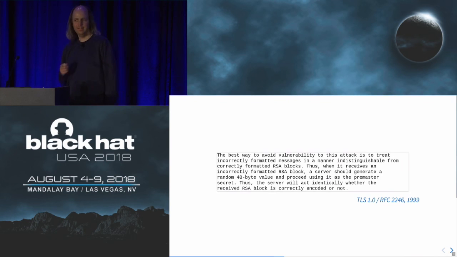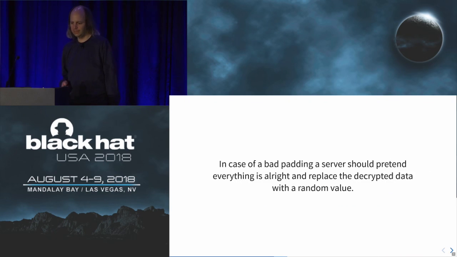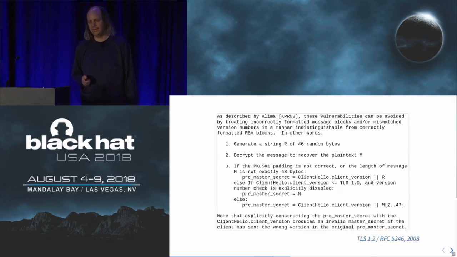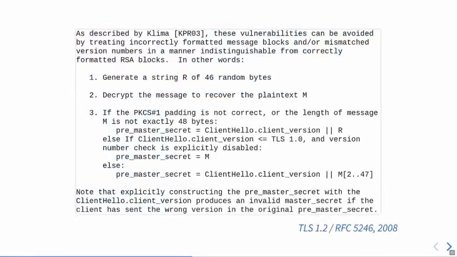Now, the current TLS standard is TLS 1.2, and this section got a bit longer. So in case of a bad padding, a server should pretend everything is all right and then use a random value to continue the handshake. Because someone figured out there are some problems with this old algorithm, particularly with the handling of the version number, someone figured out there's an attack very similar to Bleichenbacher's attack.